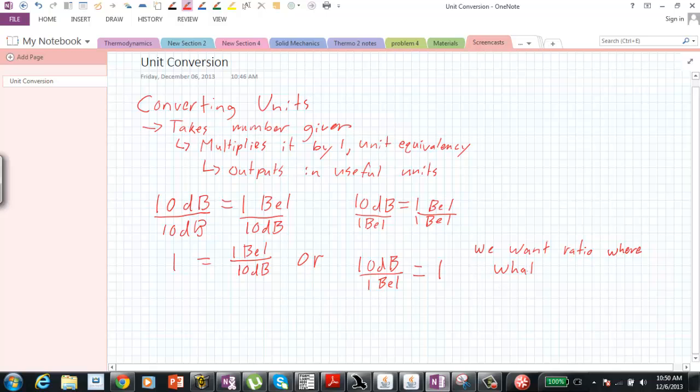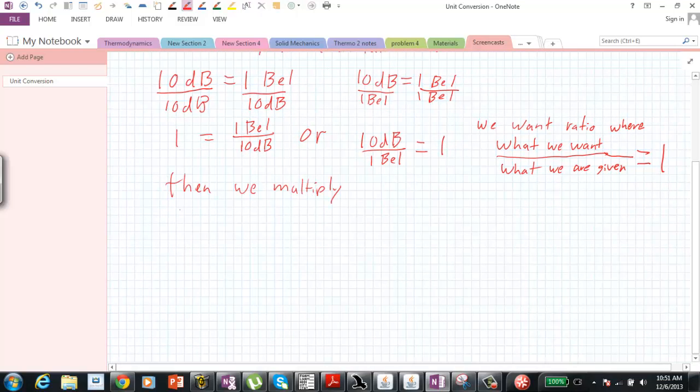And we want this ratio where what we want is on the numerator and what we're given is on the denominator, and we want that to equal 1. Once again, we're not changing the value, we're just changing the units on that value.